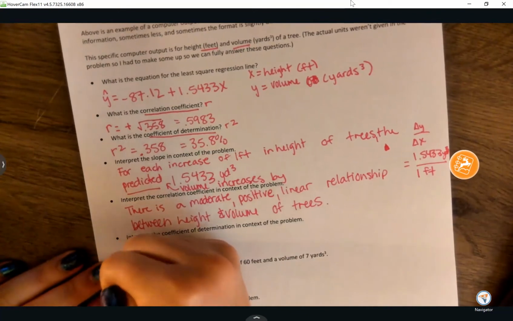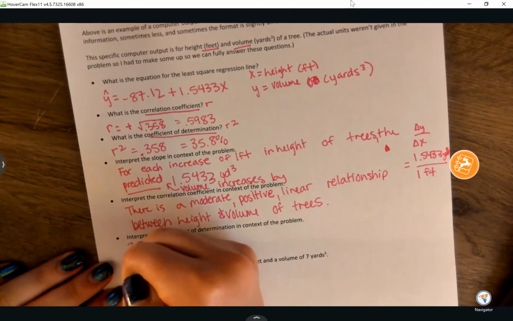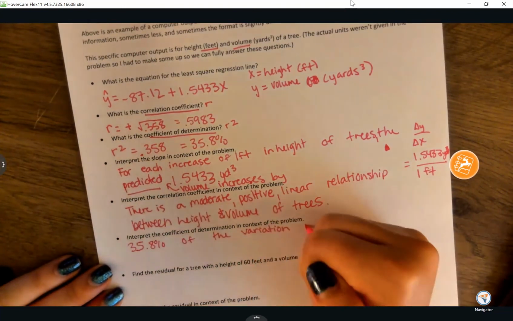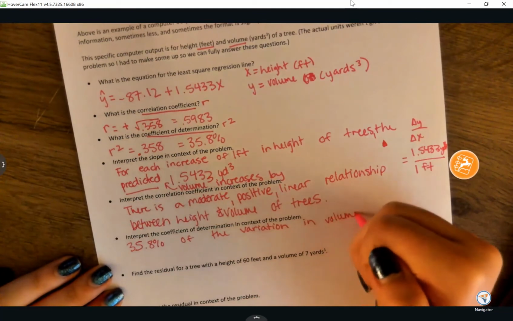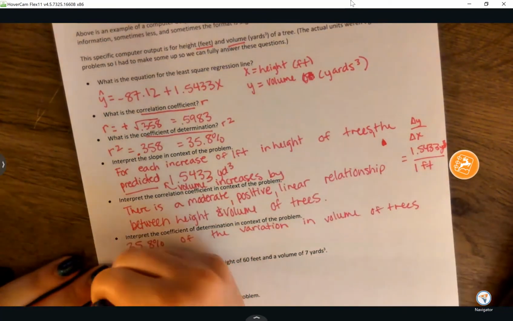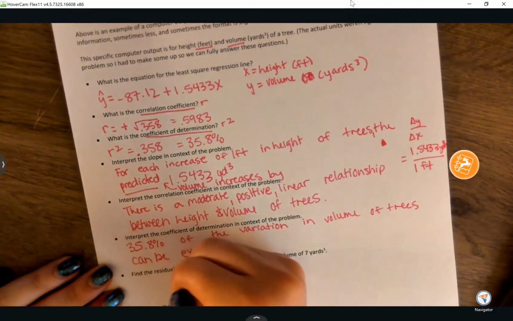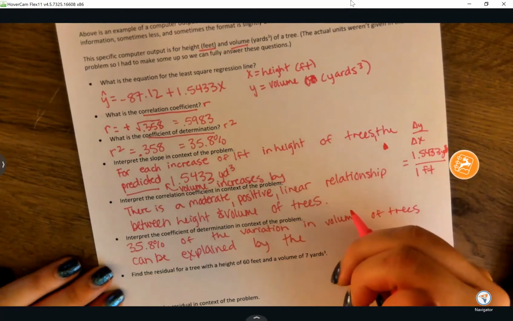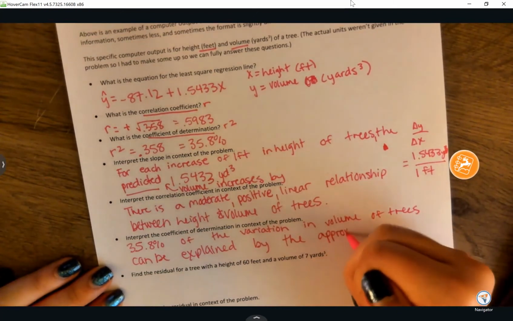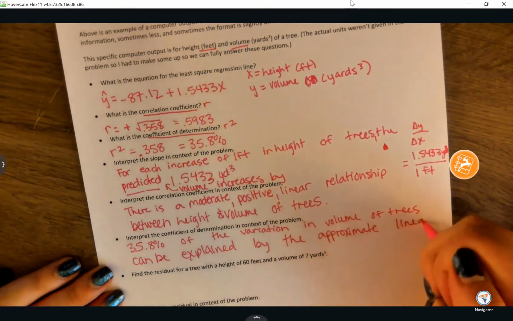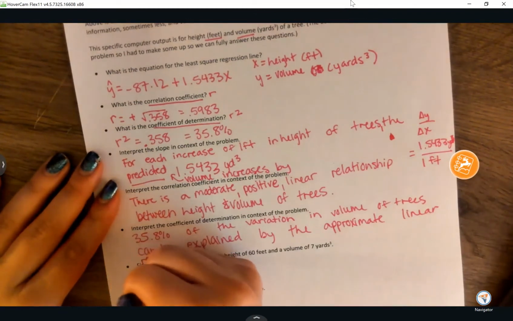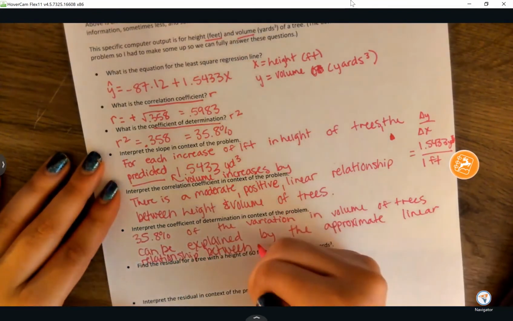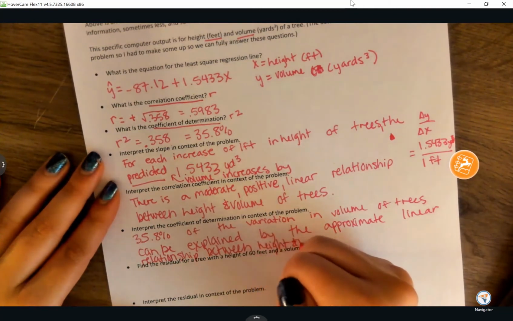So that's what we start with: 35.8% of the variation in the y variable, which is volume of trees, can be explained by the approximate linear relationship between height and volume.